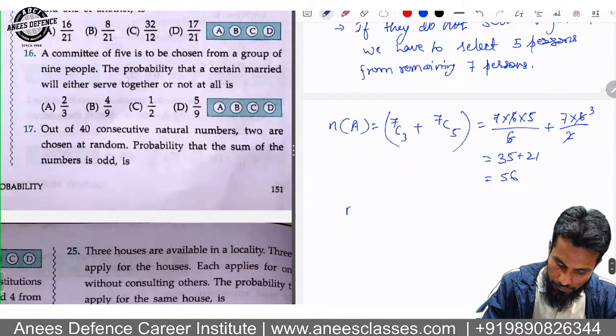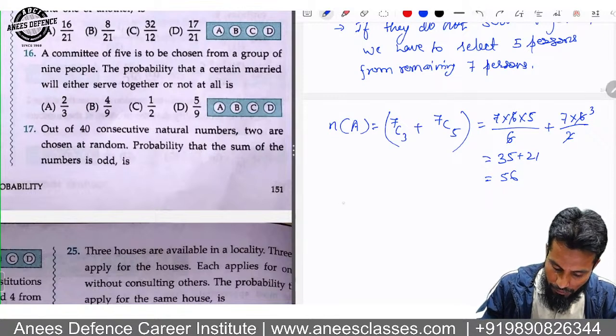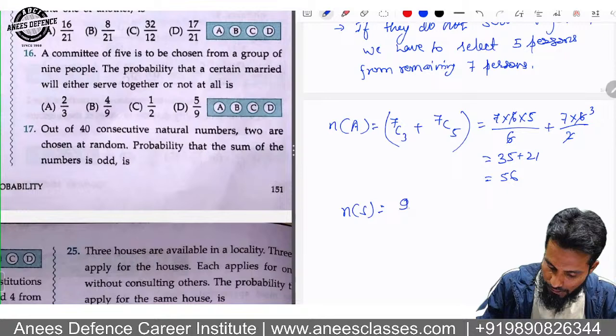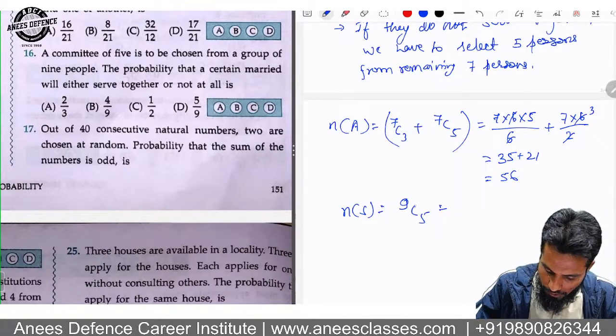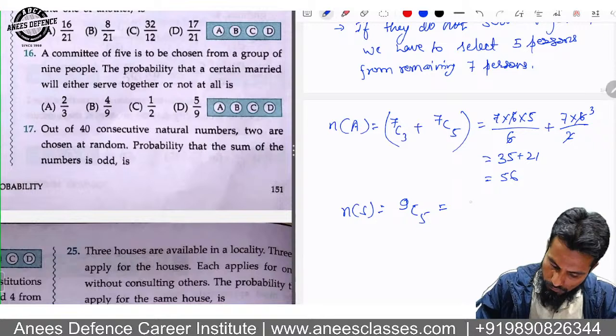Probability now. Sample space: total 9 persons are there, you have to select 5. So find out the sample space: 9C5. What is the value of 9C5? First you see, you have to select 5 persons and total 9 are there, so that is fine.